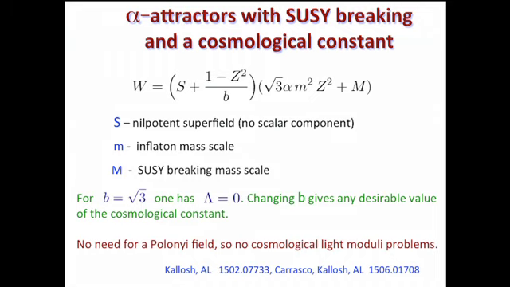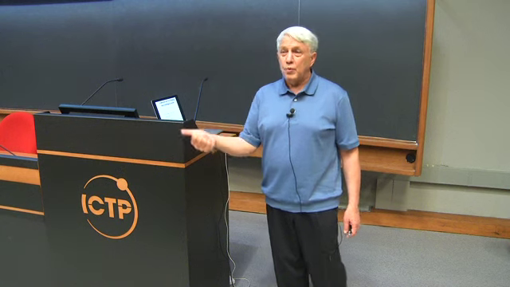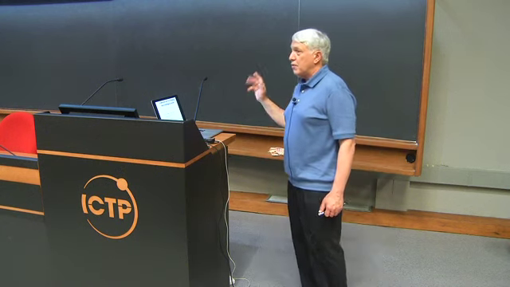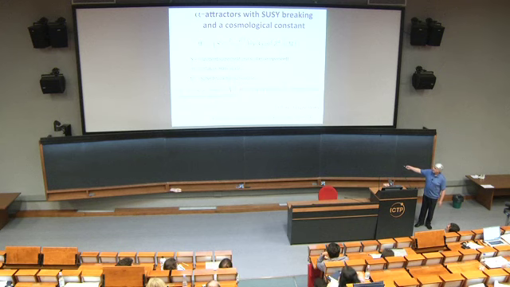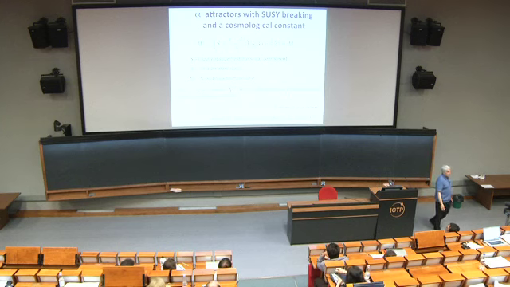And S is a nilpotent superfield, so at the end of the calculation, I should put S equals 0, and there is no Polonyi field, nothing else, and then you have a description of supersymmetry breaking, the cosmological constant, and inflation, all in one model, effectively with one scalar field. So you have its real part and imaginary part, but the imaginary part disappears. So one scalar field takes care of all of these issues because it has a hidden friend who takes care of the cosmological constant and then dies.